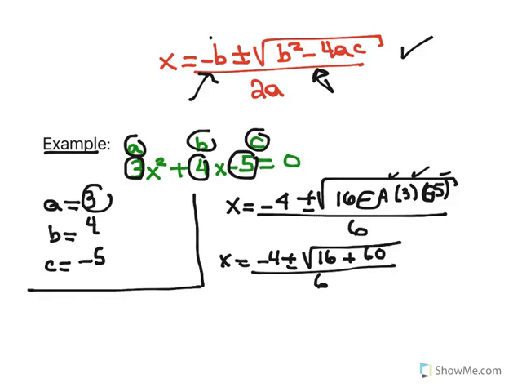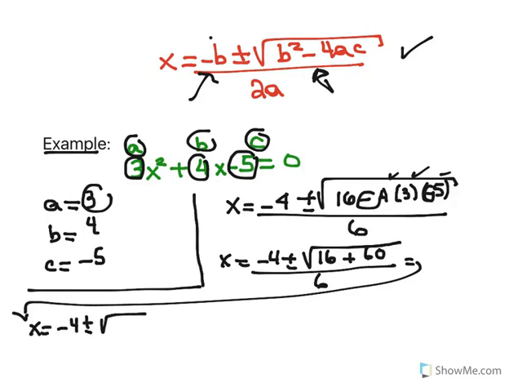If we keep on going, let's just write the answer. We have x is going to be equal to negative 4 plus or minus the square root of 16 plus 60, which is 76, divided by 6. So I'm going to have two answers.